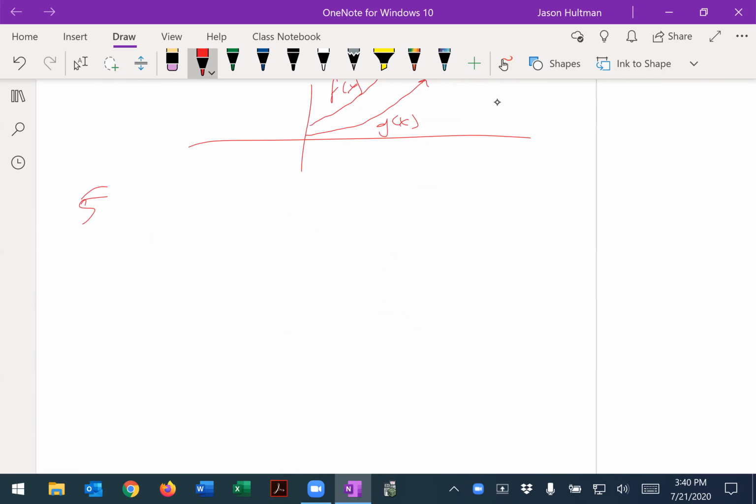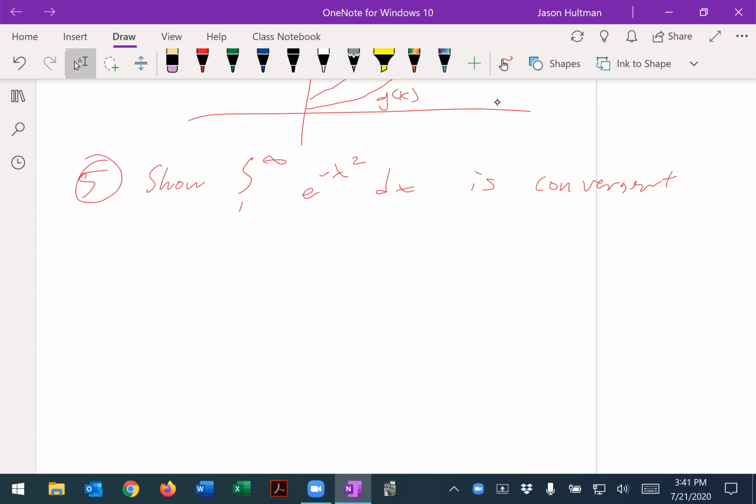Okay, so let's use this to do an example. Show that the integral of e to the negative x squared dx is convergent. I'm going to say that e to the negative x squared is equal to 1 over e to the x squared, right?